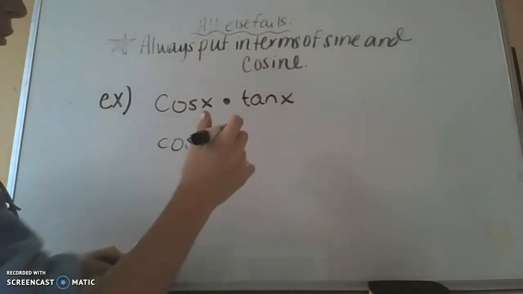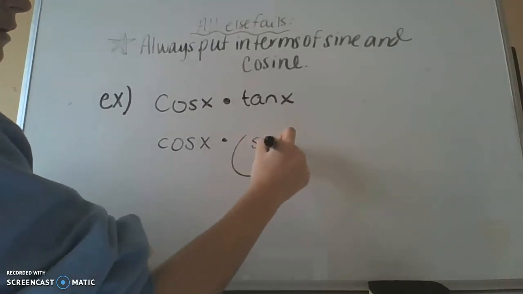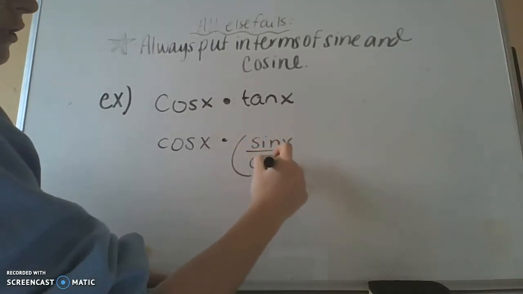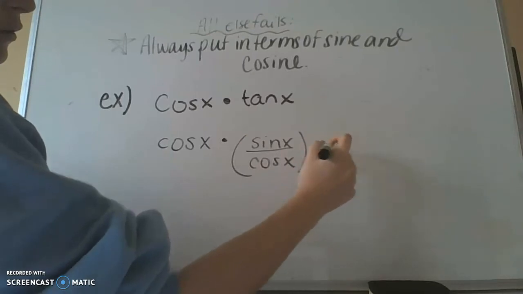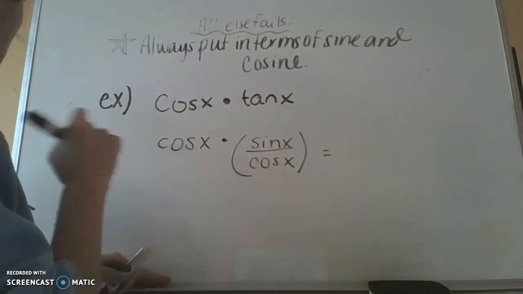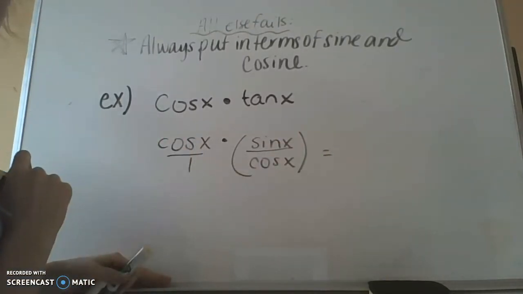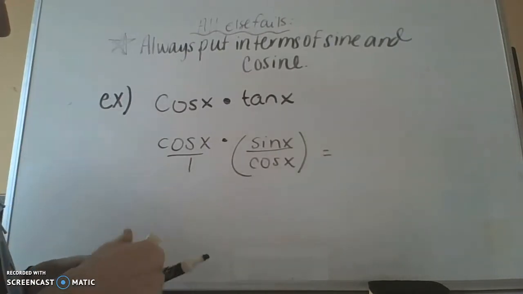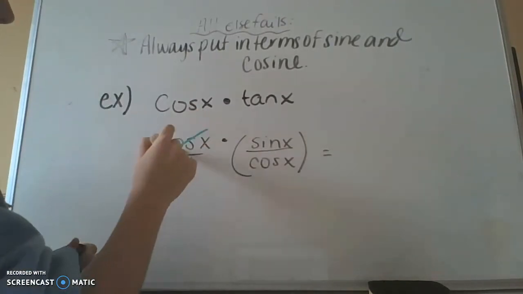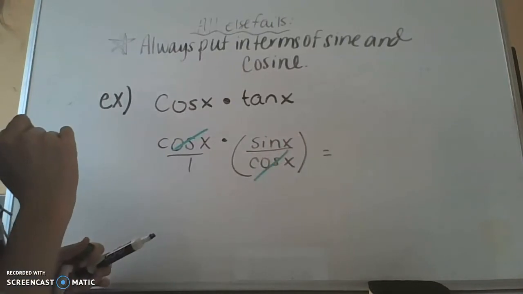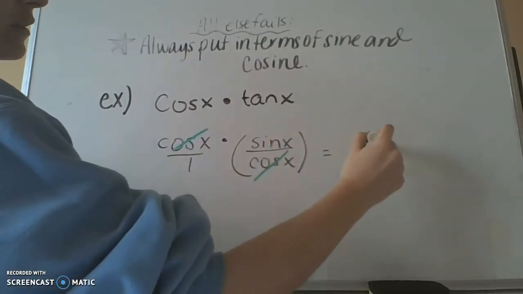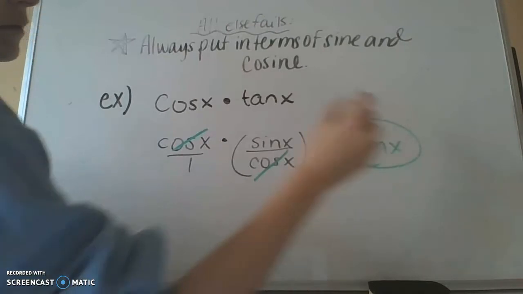Just what I did in the last one. I'm going to replace tangent with sine over cosine. Anything that's not written is always over 1. Again, just like the last one, I have a cosine on top and a cosine on the bottom, so they cancel. So I'm just left with sine of x.